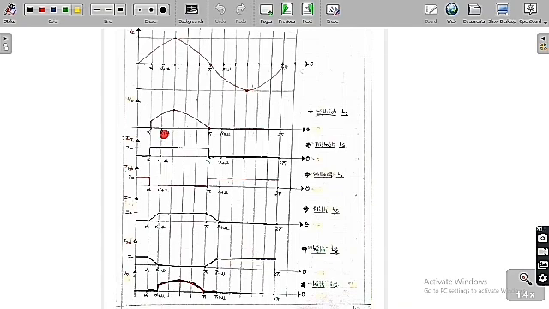Whenever the thyristor is on, the output voltage is equal to the source voltage. So the output voltage is going to follow the source voltage up to pi. After that, the voltage tries to become negative, which means the freewheeling diode is going to conduct, so the output is equal to 0. Only for alpha to pi is the thyristor conducting. In the remaining range of pi to 2 pi, the freewheeling diode is going to conduct.